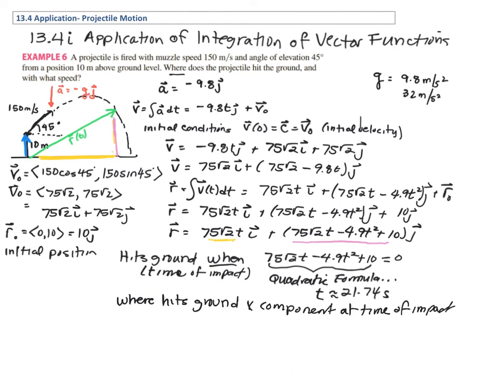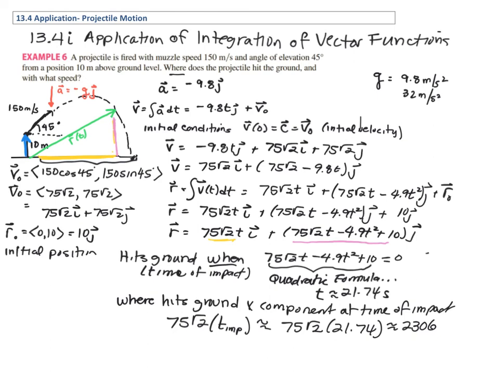And so that's going to be 75 square root of 2 times the time of impact, which is approximately, in case you didn't see that notation, I just wrote that for time of impact. That's 75 square root of 2 approximately times 21.74. So that is approximately 2306 meters. So over here, that distance, it lands 2306 meters. We sometimes call that the range of the projectile.